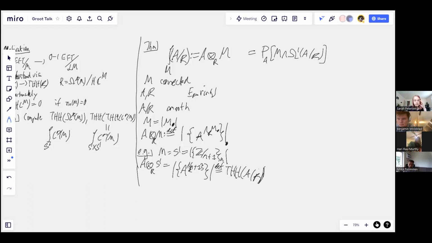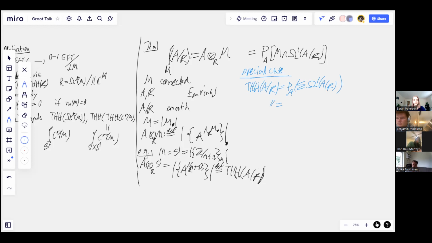Cool. So a special case of this theorem, I wanted to say that this theorem is something to be expected because it's a special case of something that is known, which is that the THH of A relative to R is equal to a polynomial algebra over A of the suspension of differential one forms of A over R. And this thing you should think of as differential forms of A over R, right?